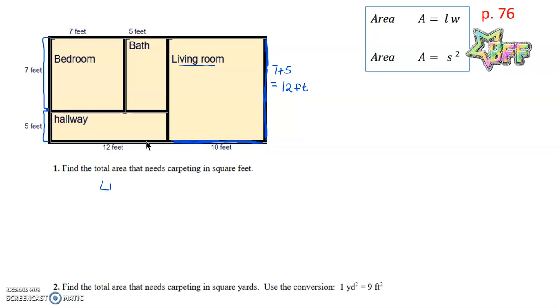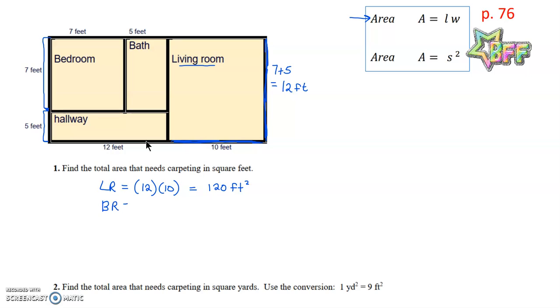So for the living room, we're going to use our formula, length times width. That's going to be 12 by 10, and 12 times 10 is 120. So we have 120 square feet for the living room. Let's go to the bedroom.